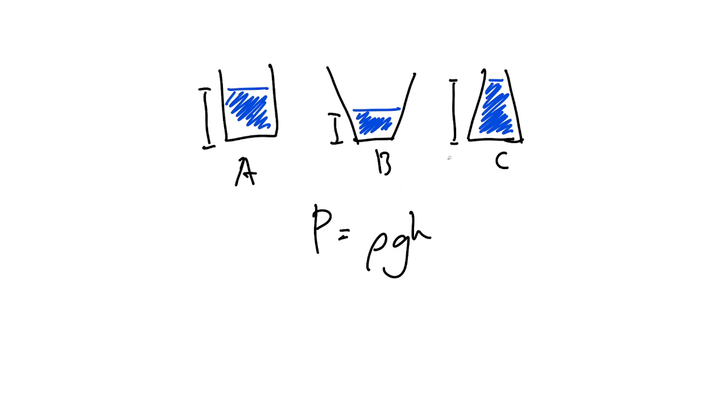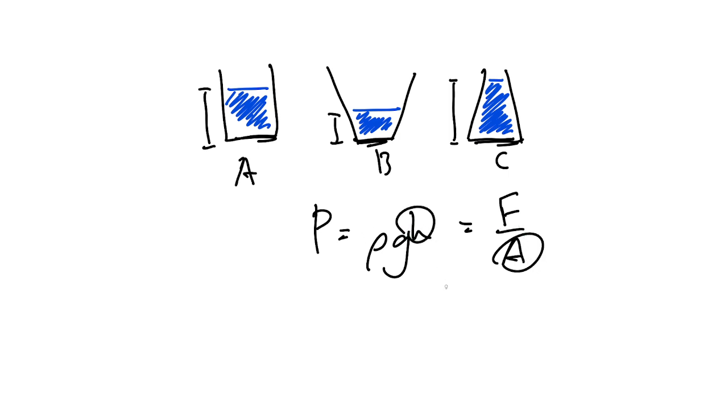And remember that our area is always going to be the same for all of these, all with a radius of 2 centimeters, right? Circular base, which means that this area is going to stay the same. The only thing that's going to change is our force, right?